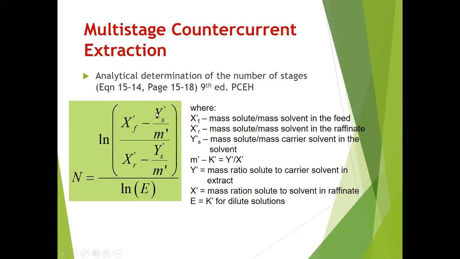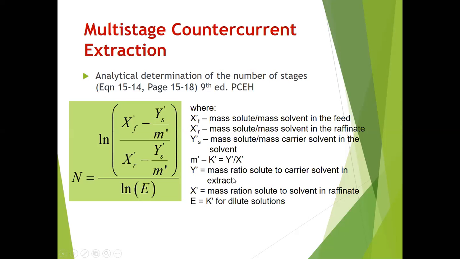For the capital Y sub S prime, that would be the mass of solute over the mass of carrier solvent in the solvent. Now your M prime here is your distribution coefficient K prime, which is your Y prime over X prime, all in capital letters. What are these two?